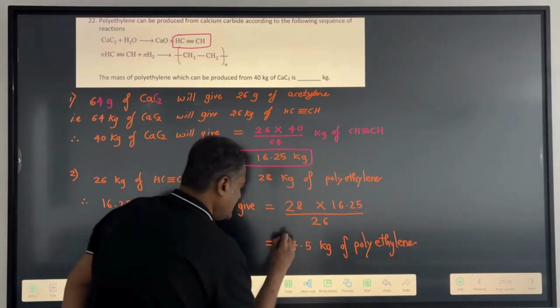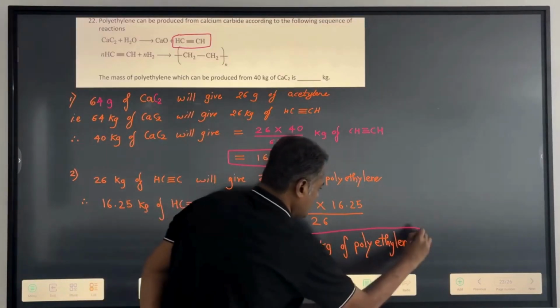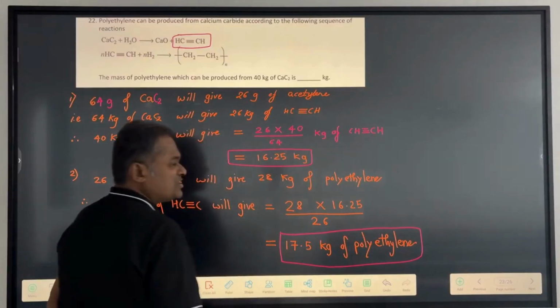So this is the final answer that we have got for this numerical problem.